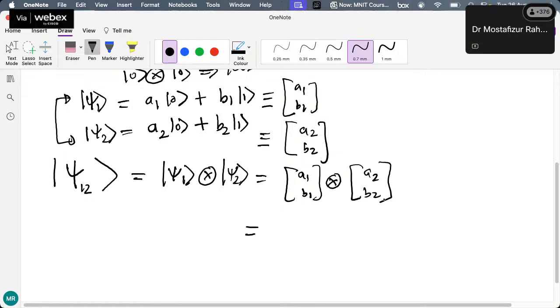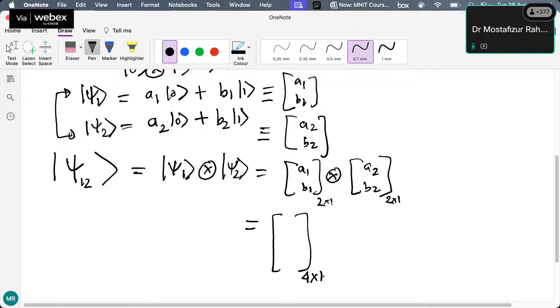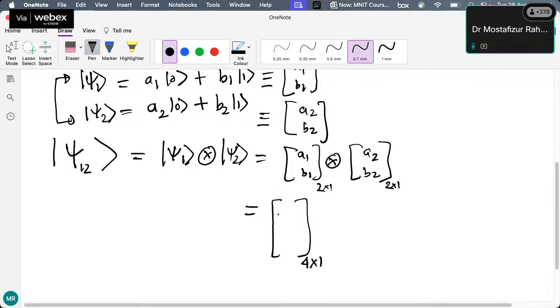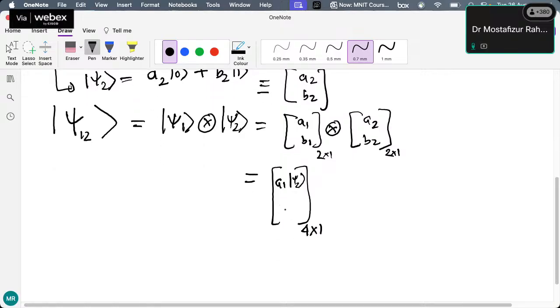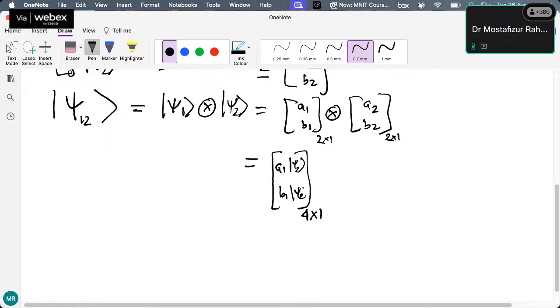This is a 2x1 system, this is another 2x1 system, and together it will make a 4x1 system. And what are the components? It will be a1 times this entire vector psi2, and b1 times the vector psi2, right?